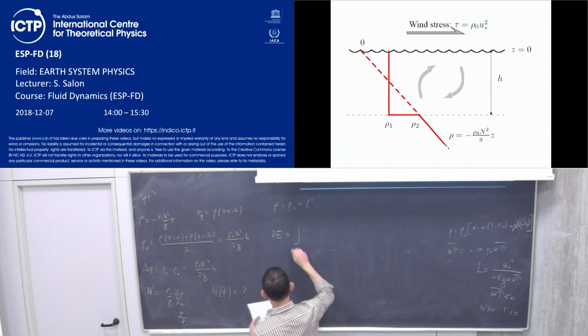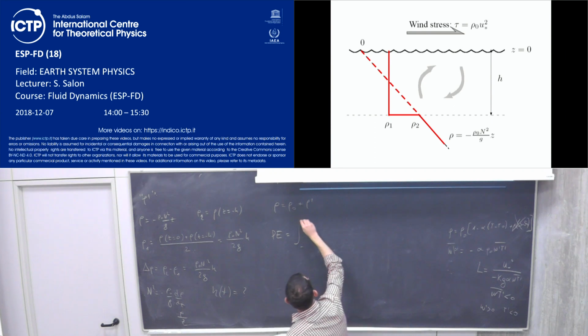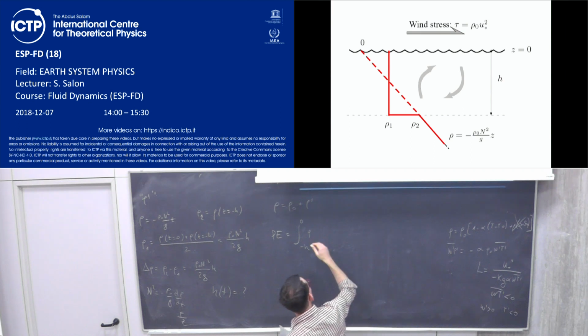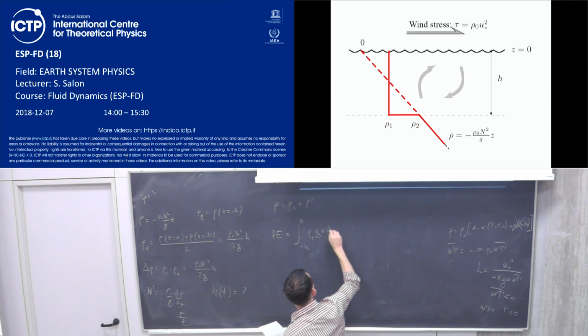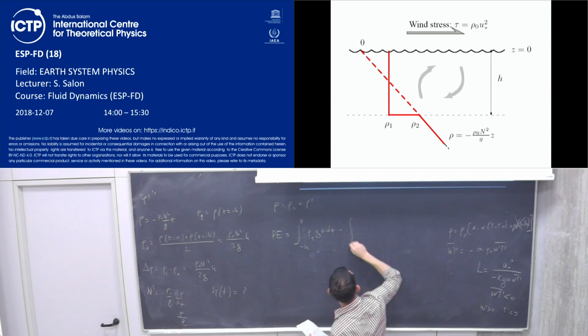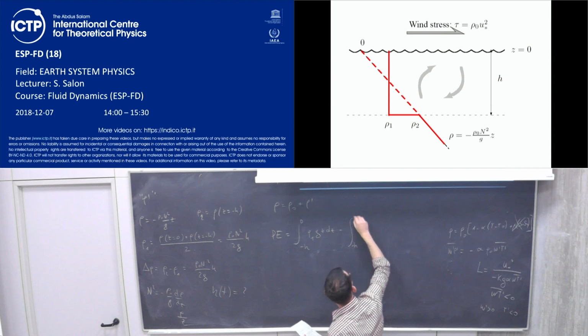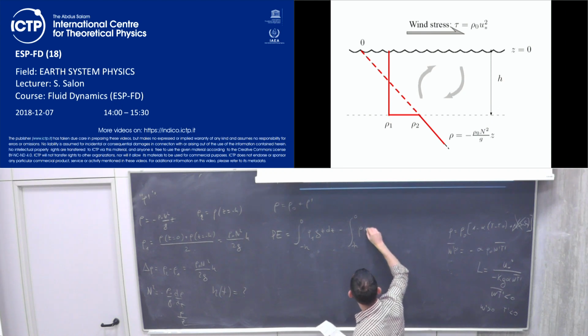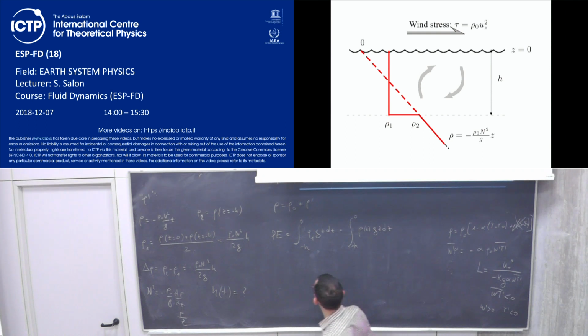So this will be the difference between the final density, which is the perturbation density, rho 1 gz dz, and what we had at the beginning, which was rho as a function of z, gz dz. Okay?